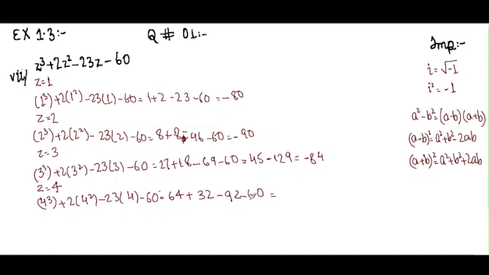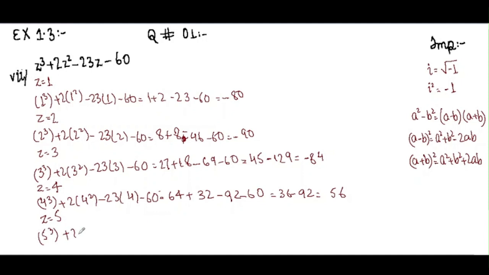So 64 minus 60 we get 4, 4 plus 32 we get 36, 36 minus 92 we get minus 56. That's not the answer, so z equals 5.